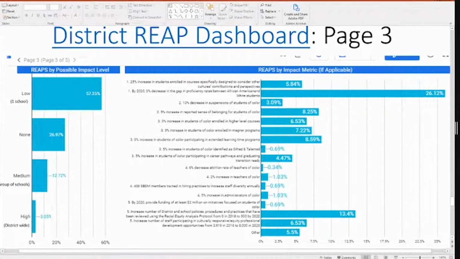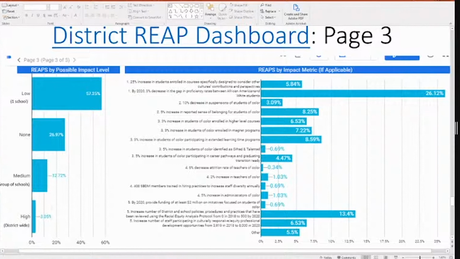Number two is the logical connection between that REAP and the metrics that we've outlined in the policy in the racial equity plan. We can conduct REAPs that may not have a direct impact on some of the metrics. So we looked at both of those things: how many schools it covered, and the logical connection.